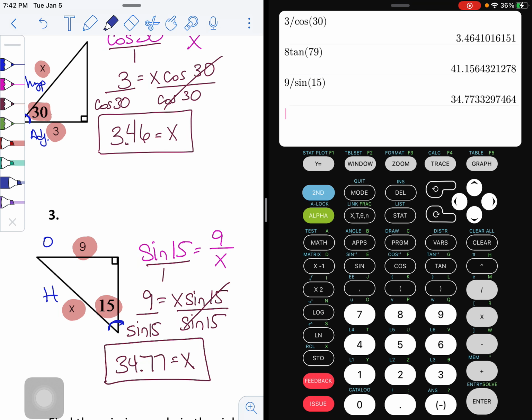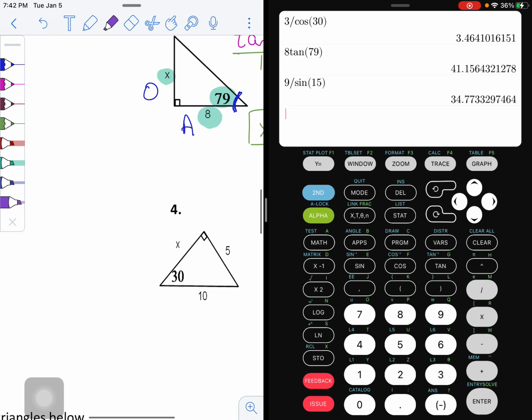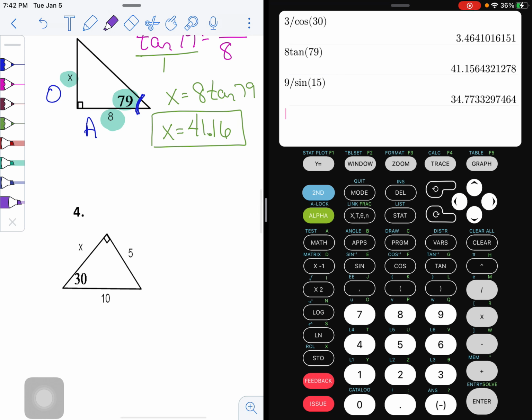Let's do it one more time for number 4 here. And this one's a little bit weird because we actually have a lot of information. So we're given this angle of 30. We know this side's 5, we know this side's 10, and we know that side's x. So if we do our labeling, this is our 30-degree angle.